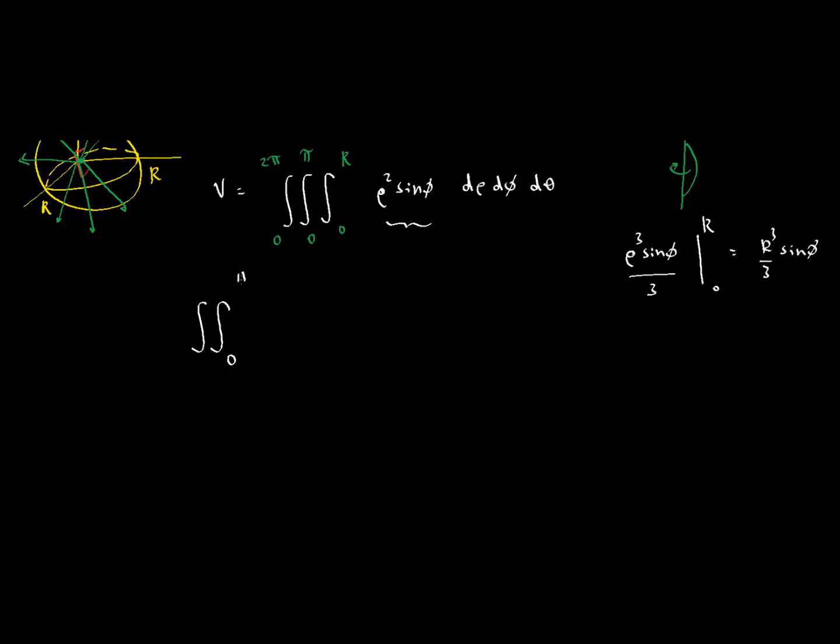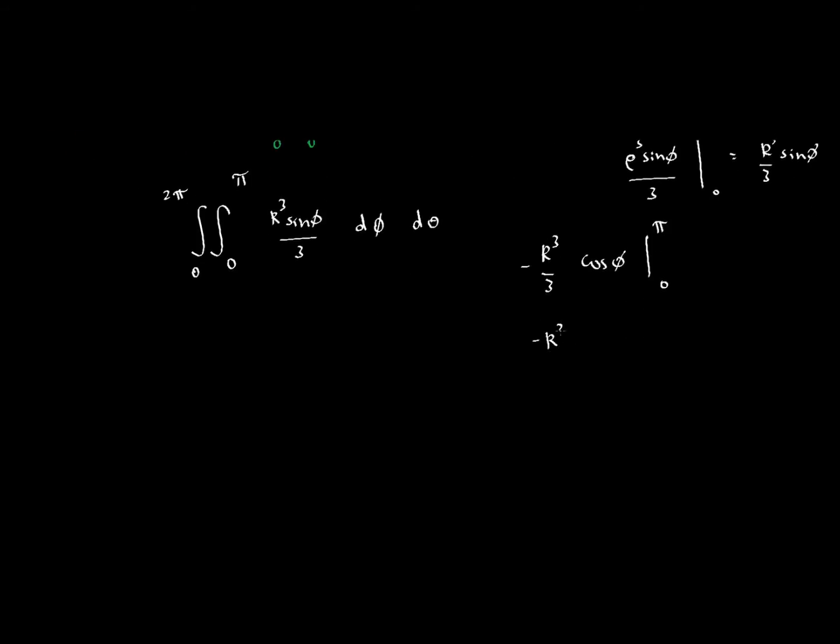It goes from 0 to pi, 0 to 2 pi, r cubed sine phi divided by 3 d phi d theta. Now we integrate this with respect to phi, and we're going to get r cubed divided by 3 times negative cosine phi, evaluated at 0 and pi.